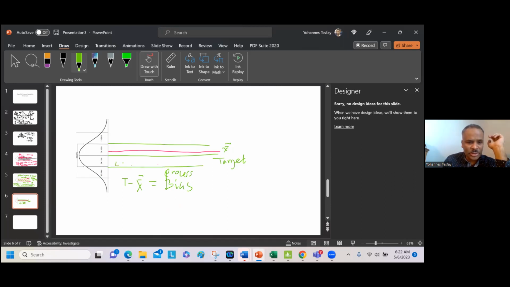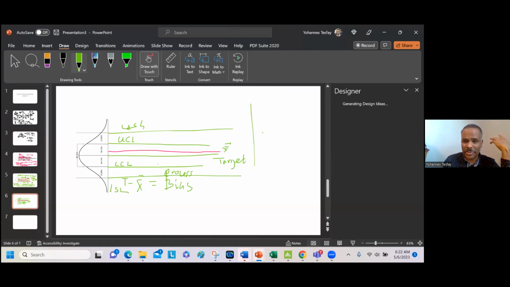Lower control limit and upper control limit. Then right here, upper specification limit, and then this is lower specification limit. If this is the scenario, again, this is also a perfect process.